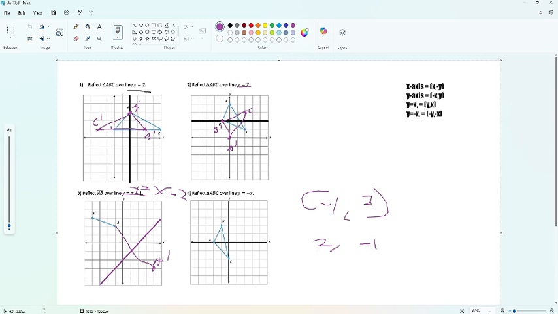Okay, now let's test it out. So since this is minus 2, we do minus 2, right? And then plus 2. So 4, negative 3. Oh my god. Oh, holy. Oh, this is revolutionary.